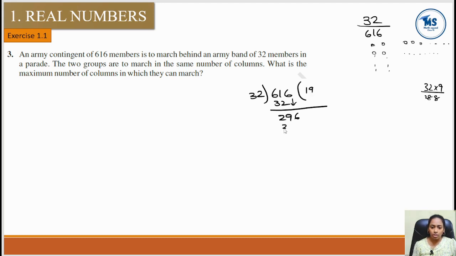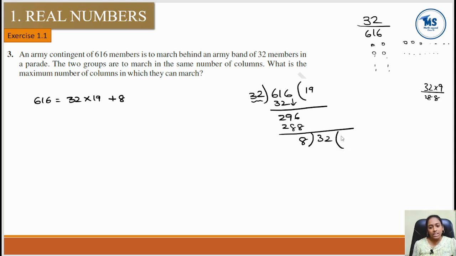If you take 608 and subtract, 616 minus 608 is 8. So the first step is 616 is equal to 32 into 19 plus the remainder 8. Since the remainder is not equal to 0, apply the lemma to the remainder and the previous divisor, which is 32.